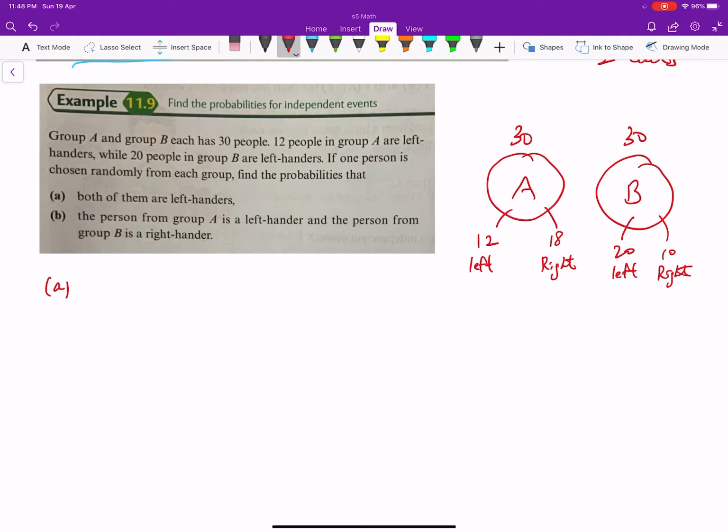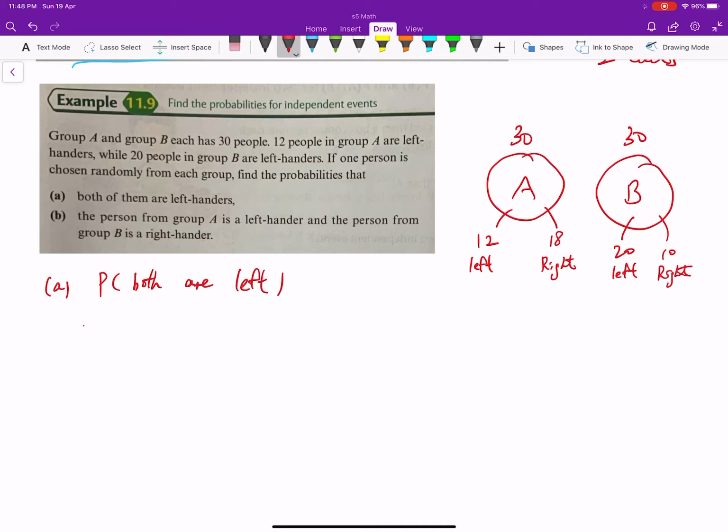Now the question: one person is chosen from each group. So we take one from A and one from B. Now the probability that both are left-handed. So we simply write both are left.